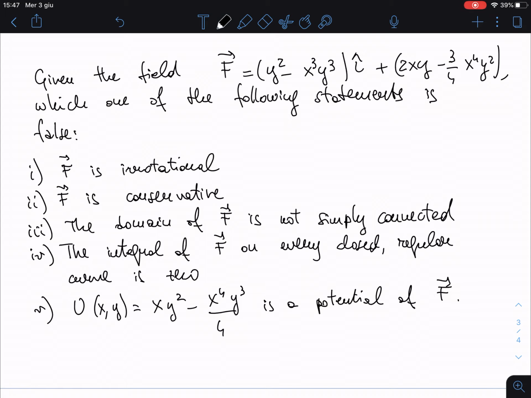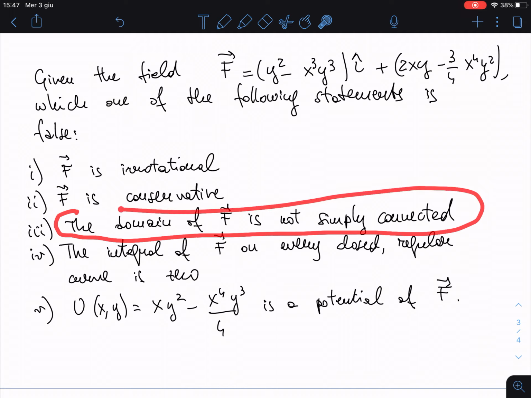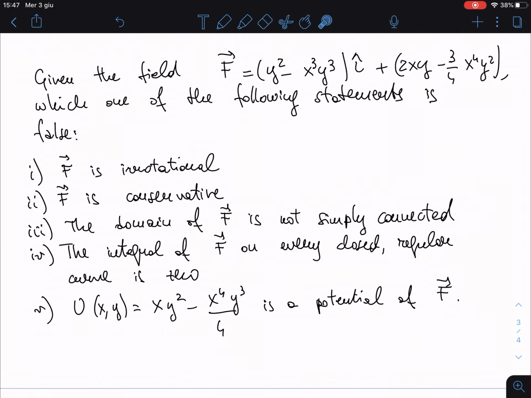Of course, you can also go by logic, but however, if you start from the last answer, you verify that it is a potential, so f is surely irrotational and f is conservative. This is more delicate, but the domain of f in this case is all of R2, so it is simply connected, and so since there is a knot here, 3 is what you have to check. And the fourth is just another definition of conservative. A field is conservative if and only if its line integral along every closed curve is equal to 0. So, bye.